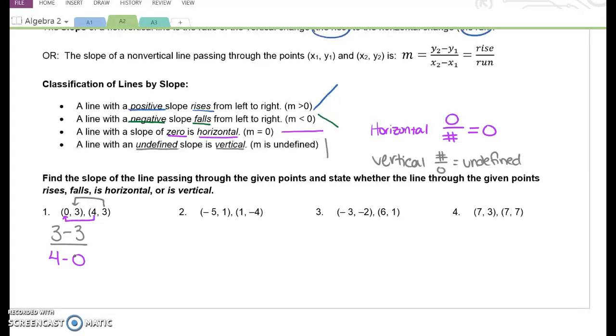The order that you subtract doesn't matter, except that whatever order you use on the top, you need to use the same order on the bottom. So if you do the second y value minus the first y value, you have to do the second x value minus the first x value. This will give us 0 divided by 4. What is 0 divided by 4? 0 cookies divided among 4 of you, you all get 0 cookies. And 0 slope is horizontal.